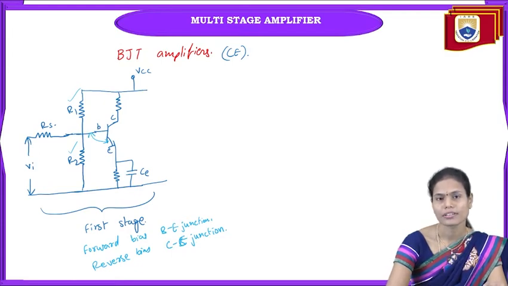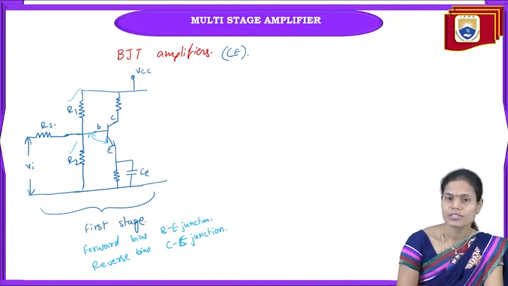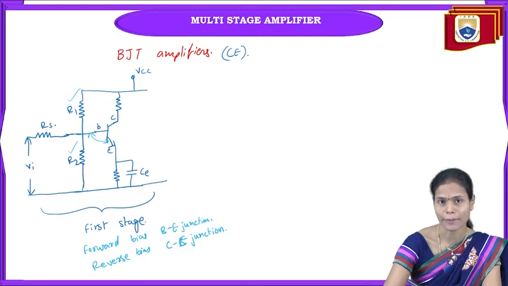Once the stability factor varies, the amplifier will not operate in the active region. The stability factor should be low. Once it is not operating in the active region, we cannot get the proper amplified output across the amplifier. So that's why we also do not prefer the emitter bias circuit.